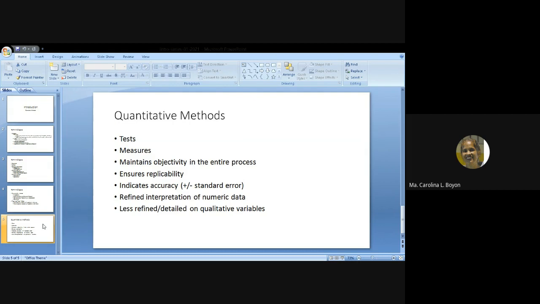Okay, so quantitative methods also will require a refinement in the interpretation of numeric data. Ang numeric data kasi hindi siya masyadong difficult. Hindi siya difficult to understand.